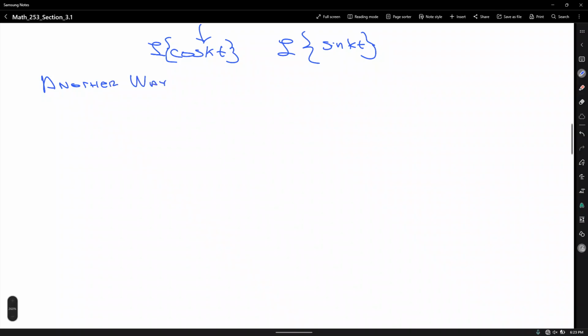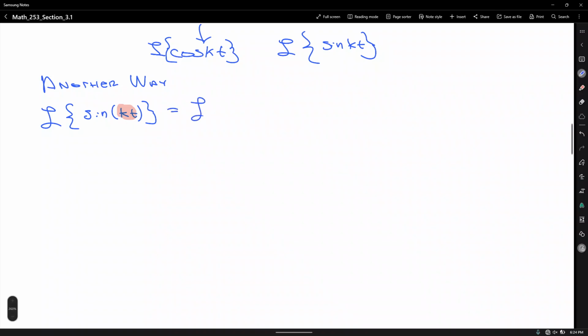Let's say we want the Laplace transform of sine kt. Let me highlight the argument for a big reason, the angle, if you will.